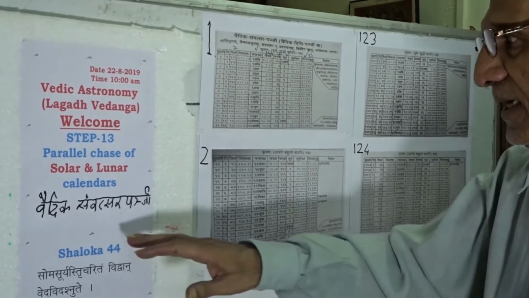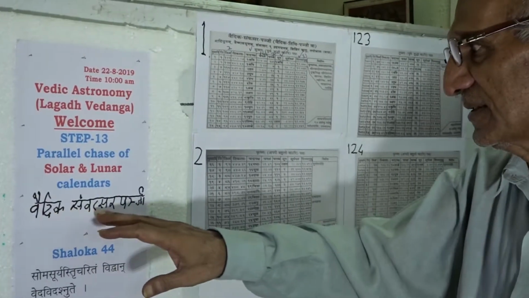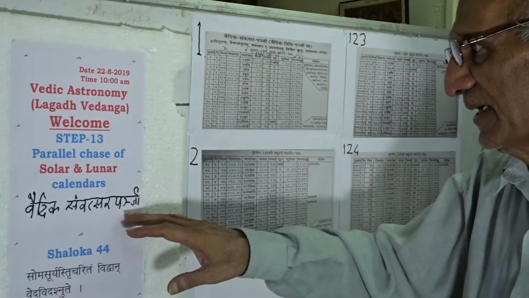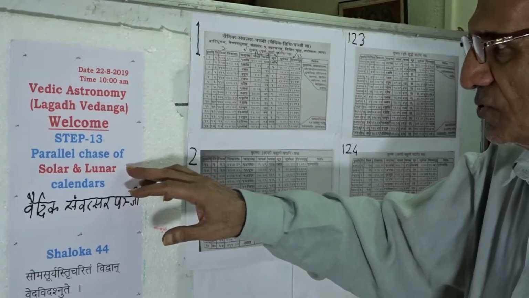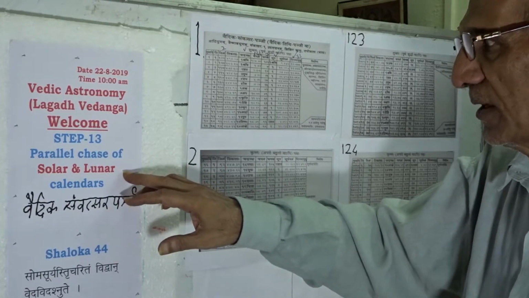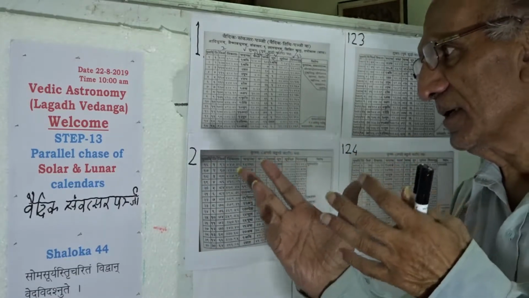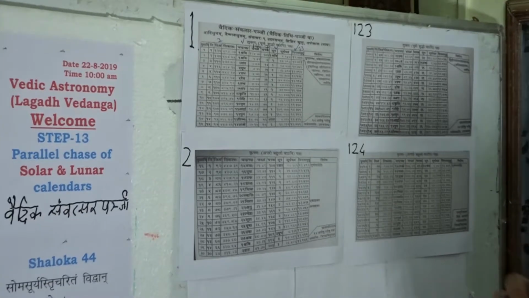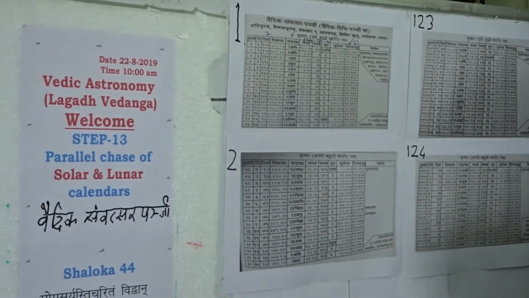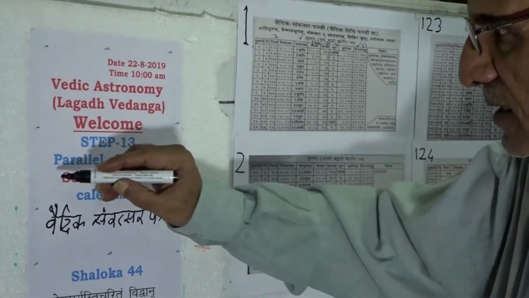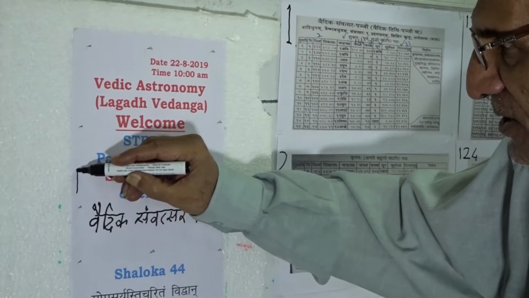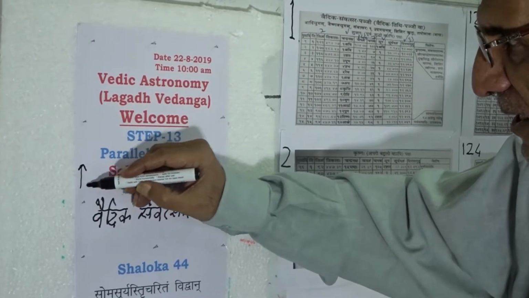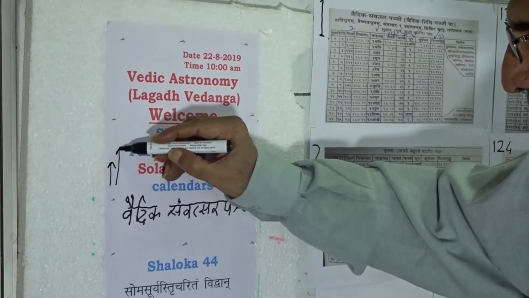It is a Vedic simultaneous calendar of solar and lunar existence phenomenon happening simultaneously. We on Earth are reaching at the lunar calendar and the solar calendar.